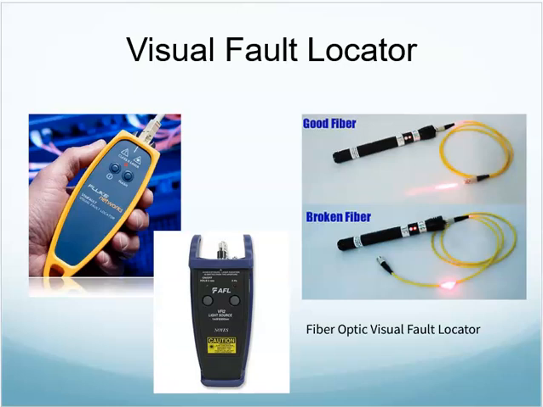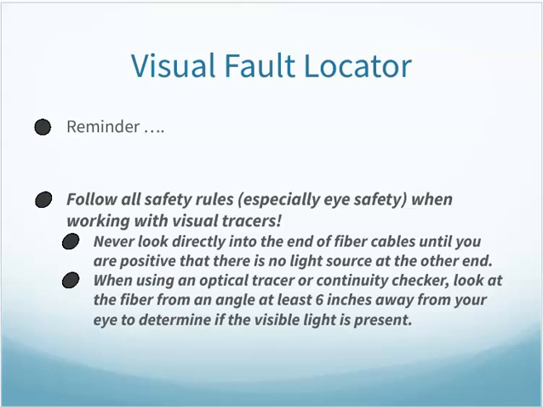So sometimes you actually use these to see if you're getting as much light as possible from one fiber into the other one. I think they mentioned that in the book in your reading. Again, reminder about watching that light source. Make sure that's not aiming at your eye. You don't want to be looking directly into that. We're looking off to the side to see if there's light coming through.